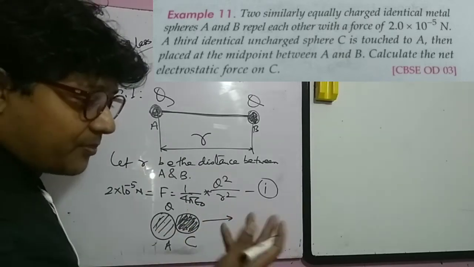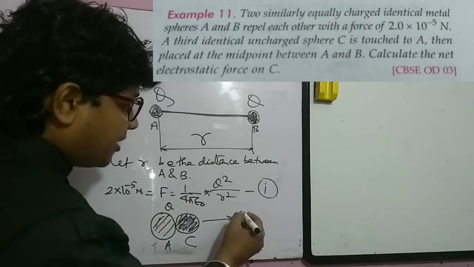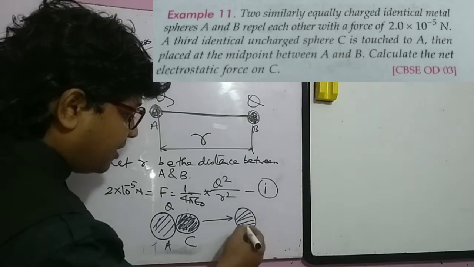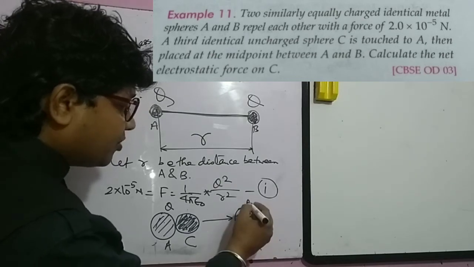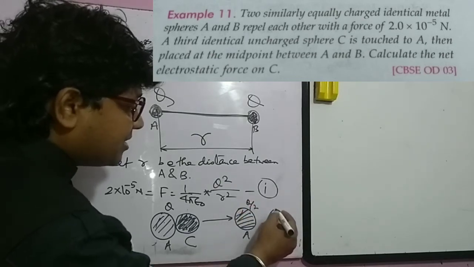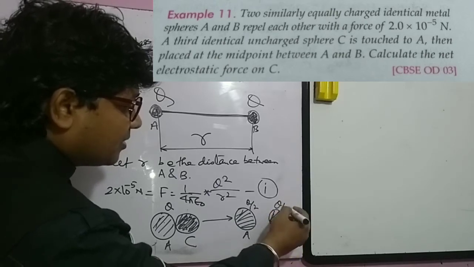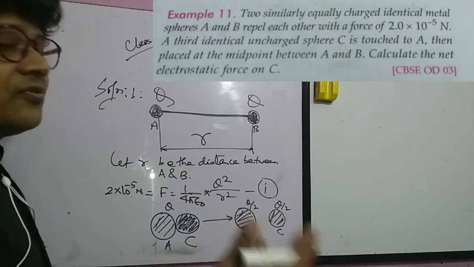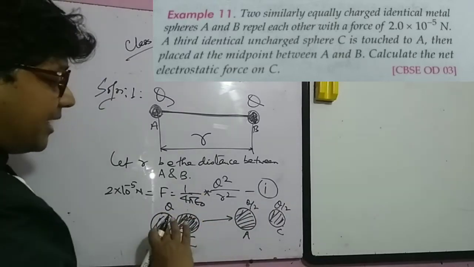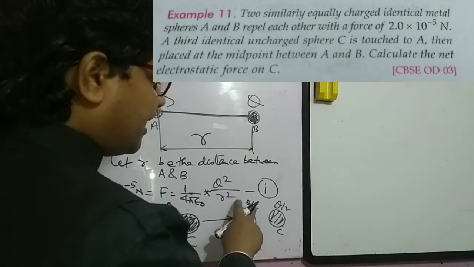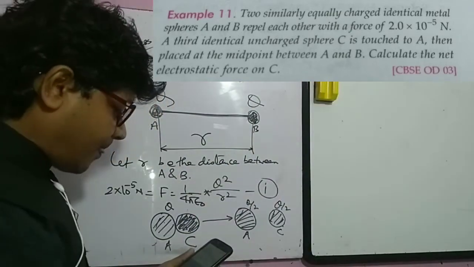So now, as I told you earlier, there will be an equal distribution of charge, and A will have Q by 2 and C will have Q by 2. This charge Q is distributed into two parts, Q by 2 and Q by 2.